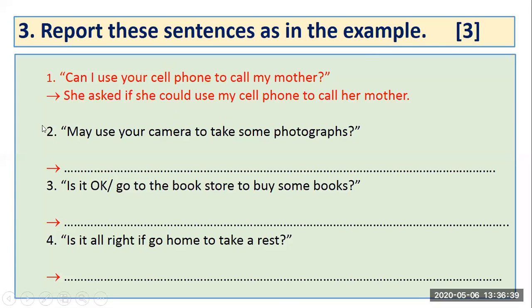At other times, you have to use it. Let's go to the second example. May I use your camera to take some photographs? Now change into reported. There's no I in this case. Oh, yes. Sorry, sorry. Thank you so much.